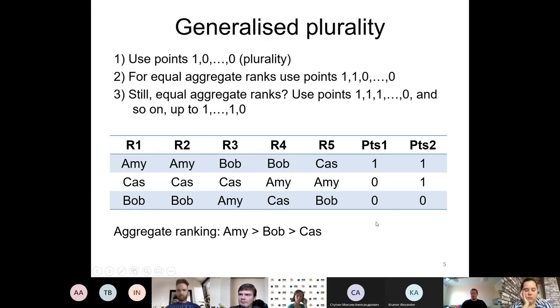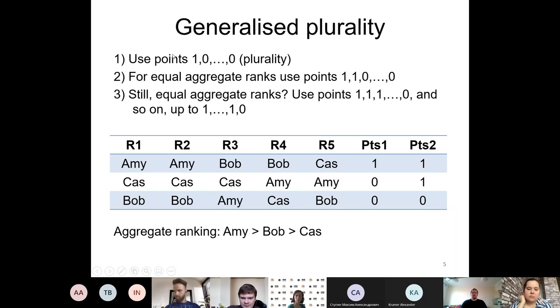It is the first round points vector. We have a tie in the first round between Amy and Bob. So by generalized plurality, we resolve these ties according to second position. Amy has 2 second positions and Bob has no second position. So Amy has more points than Bob in the second round. This is an example of a generalized scoring rule where we have many rounds for tie breaking.